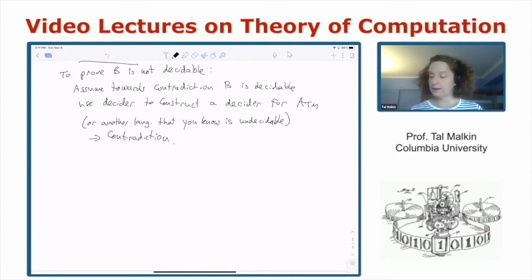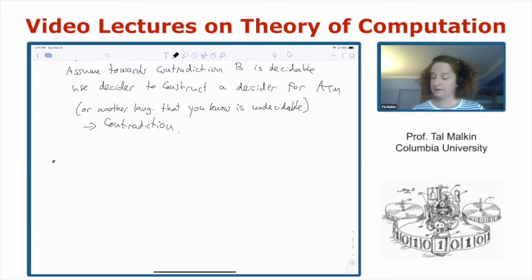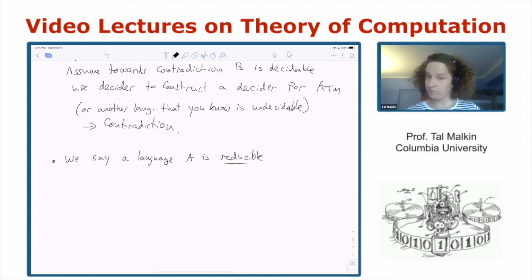So let me define. We say a language A is reducible to B, and we denote it like this. I'll discuss this notation in a minute.